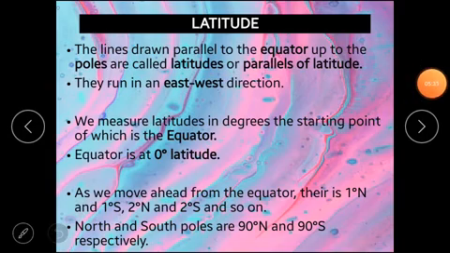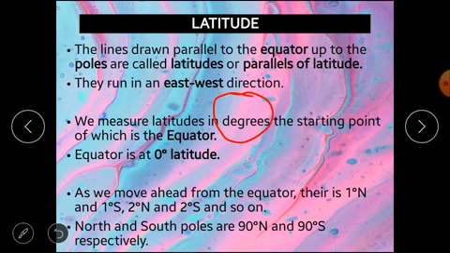Now we measure these latitudes in degrees, and the starting point is the equator. From the equator they start increasing, such as 1 degree north, then 2 degree north, then 3 degree north, and so on until we reach 90 degrees.